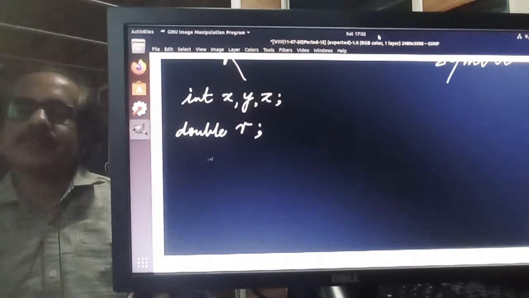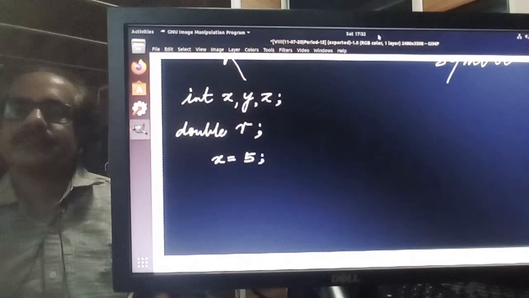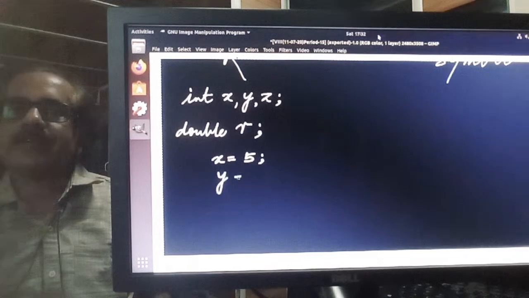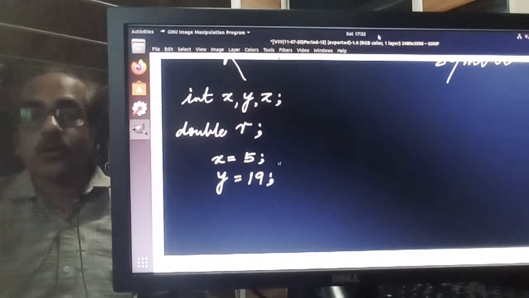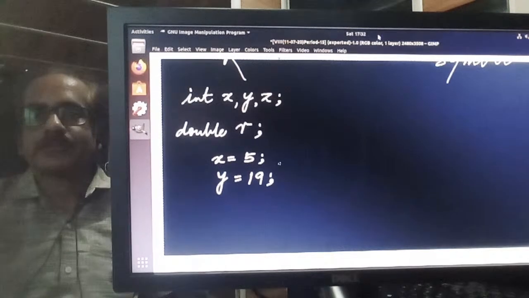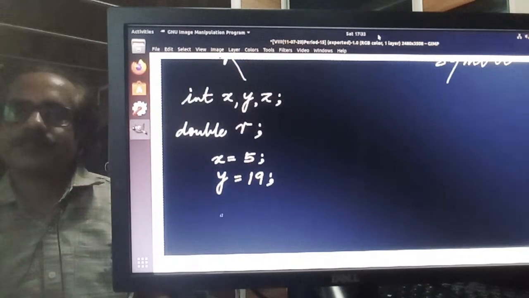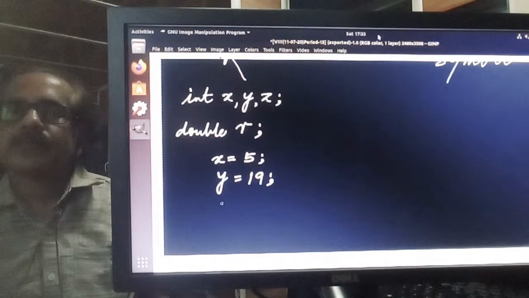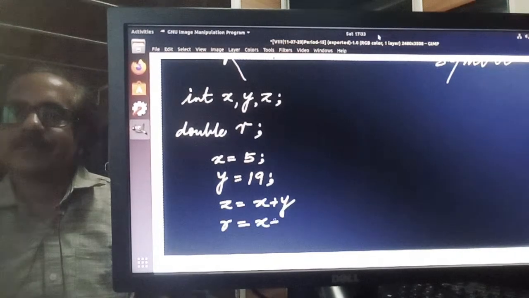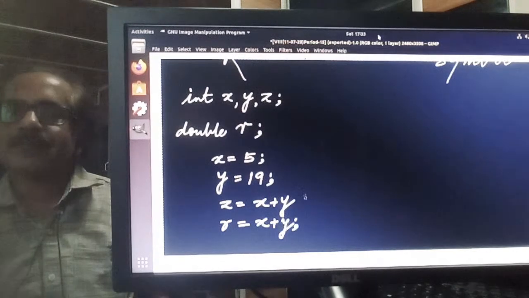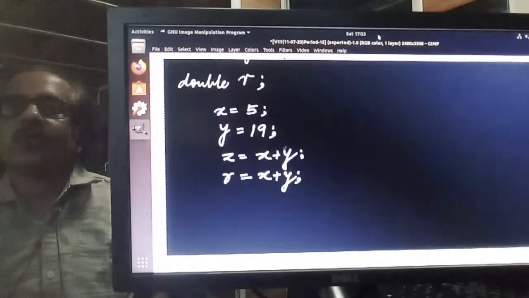Suppose you have taken x equal to 5, y equal to 19. Both are integers, whole numbers. Now, if you write z equal to x plus y and r equal to x plus y, what will z contain?